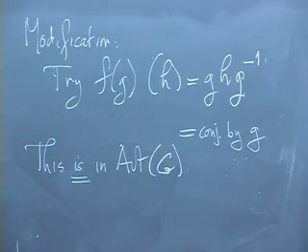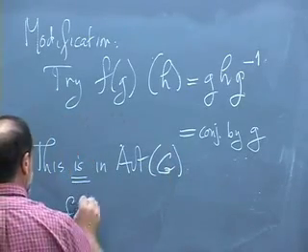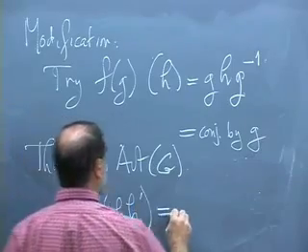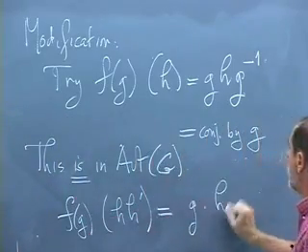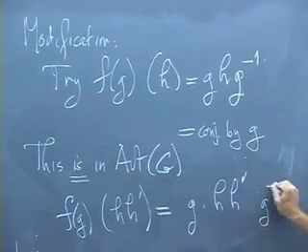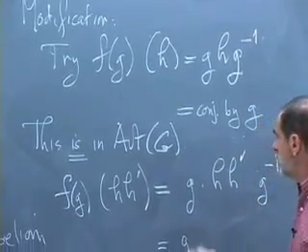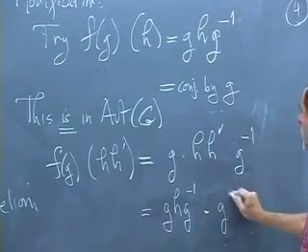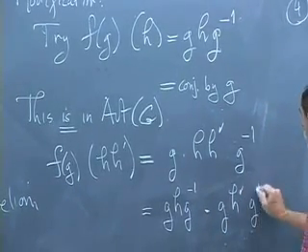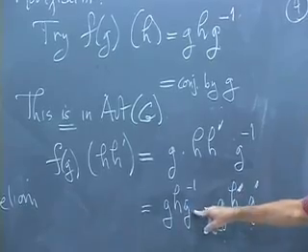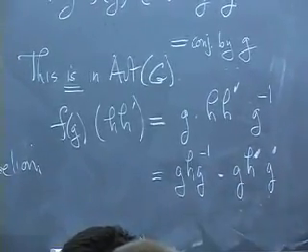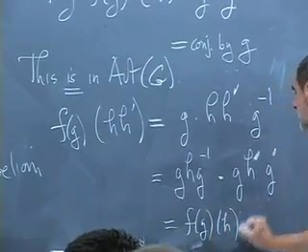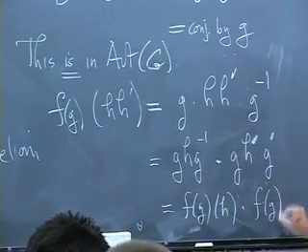It's an actual automorphism of G, because if I apply it to hh prime, I get g times hh prime g inverse, which I can rewrite as g h g inverse times g h prime g inverse, because the g inverse and g cancel, and then this becomes f of g of h times f of g of h prime.